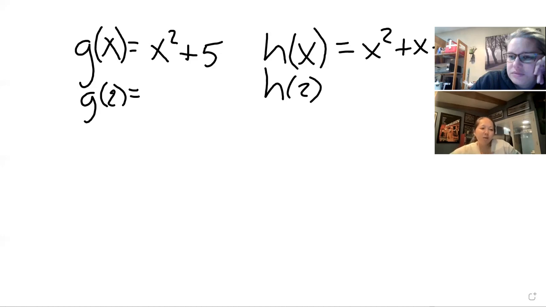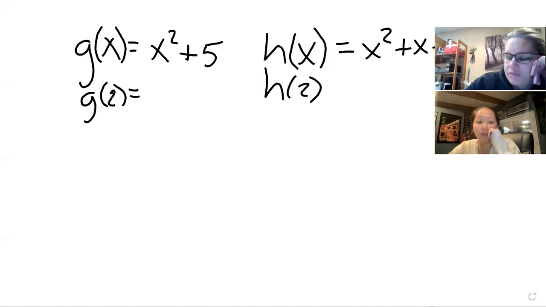This is where I don't know if we want to give them. So okay, they're successful with g of x, they're successful with h of x. I think this is where you can end it and have a whole class discussion to consolidate at this point. G and H, yeah. Okay.